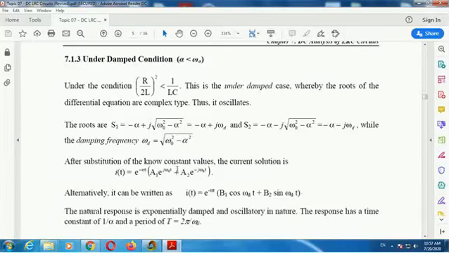Or you can rephrase it in this form also. This one is the polar form, which becomes the trigonometry form, this one. Okay? These two equations are only different in form. This one is the exponential form, and this one is the trigonometry form.